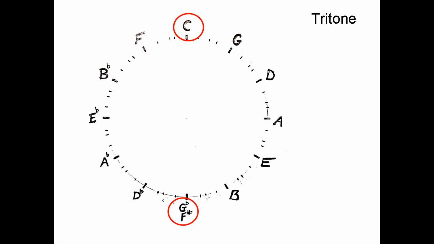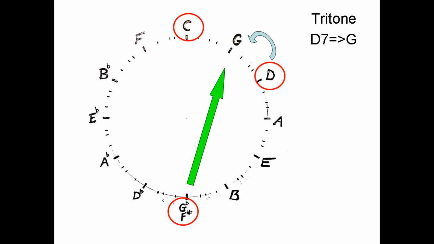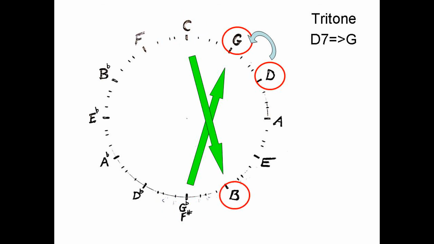What really resolves this tension is the F sharp note, moving up a semitone to G, and the C note moving down a semitone to B.